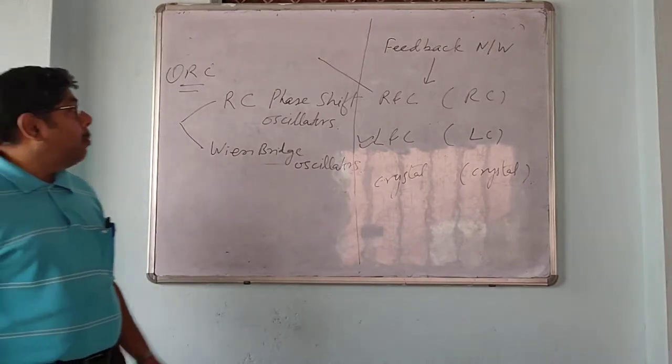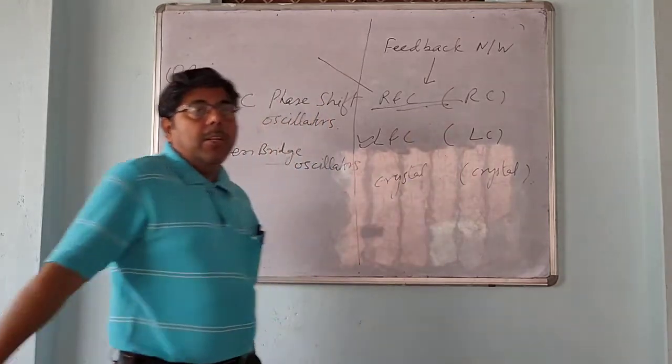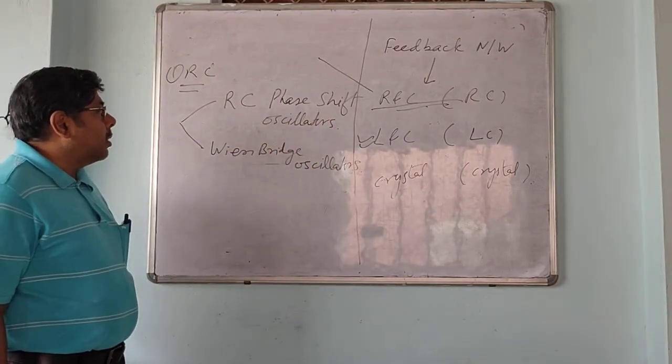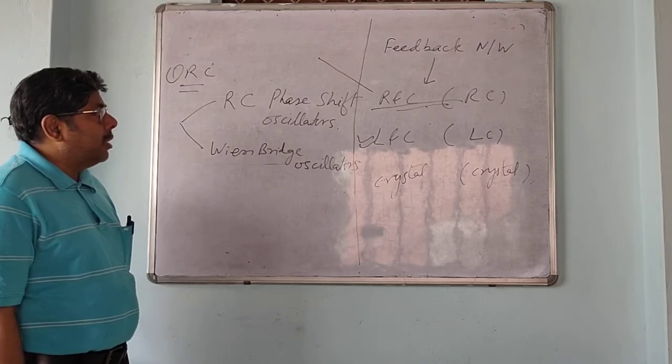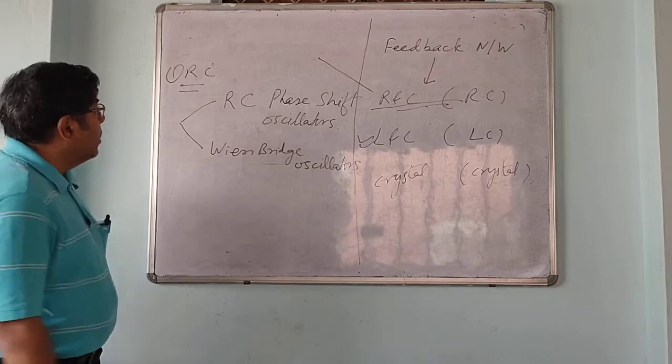So in first group, that is RC oscillators, you have to study two types of RC oscillators. First one is the RC phase shift oscillators, second one is the Wien bridge oscillator.